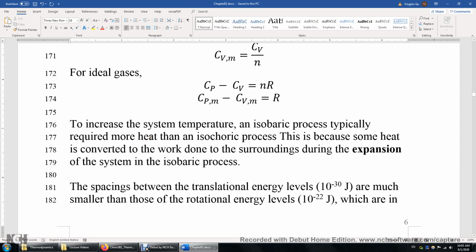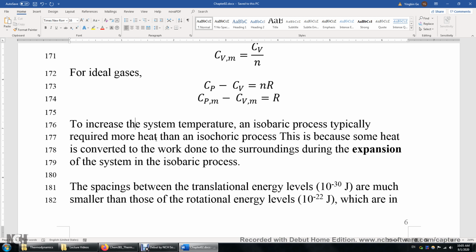Why is there a difference between Cp and Cv for ideal gases? Very simple. When we try to increase the temperature of an ideal gas by 1 Kelvin, more heat is required in the isobaric process because work is done to the surroundings during the isobaric expansion of the system as the temperature increases.